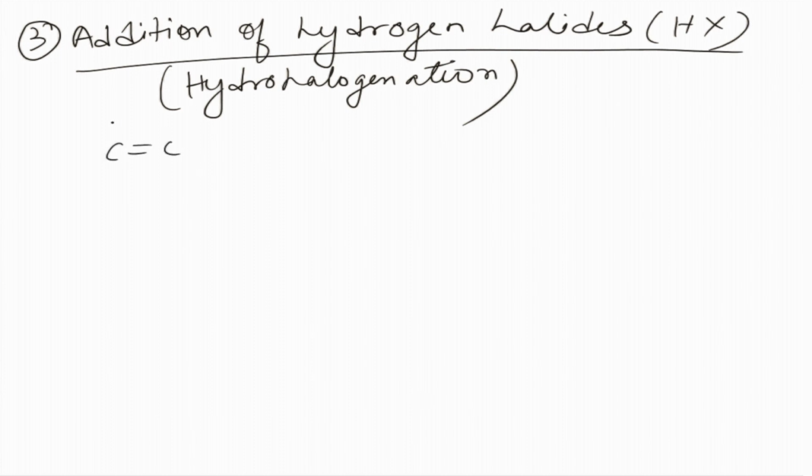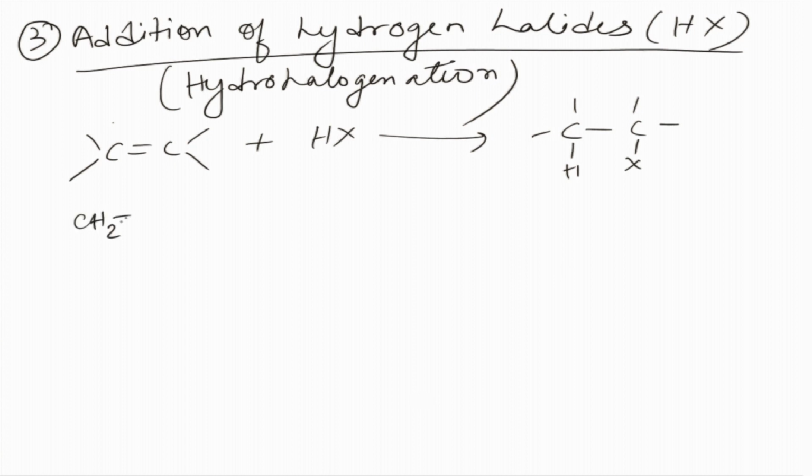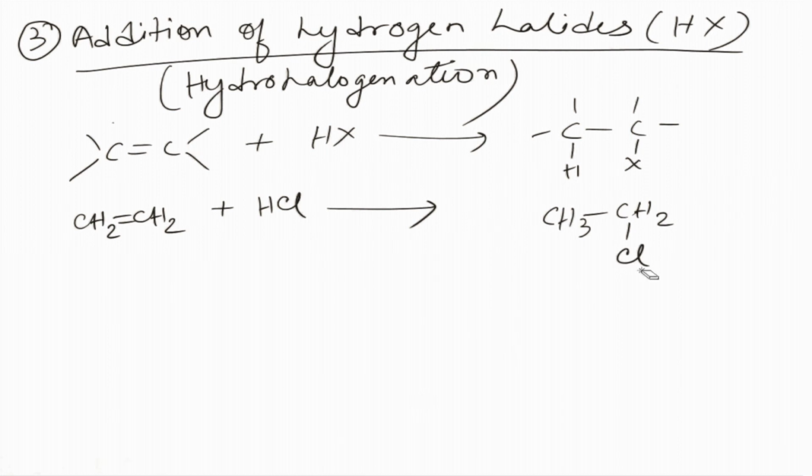So, alkenes in presence of HX give alkyl halide. So, let us see one example. If we take ethene plus HCl, it will give one hydrogen and one chlorine. So, CH3, CH2 and Cl. So, this will be the product.